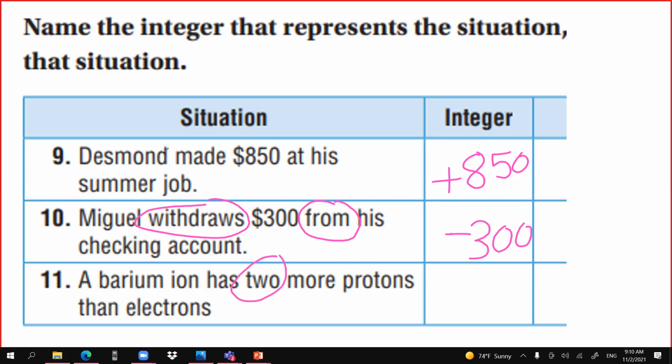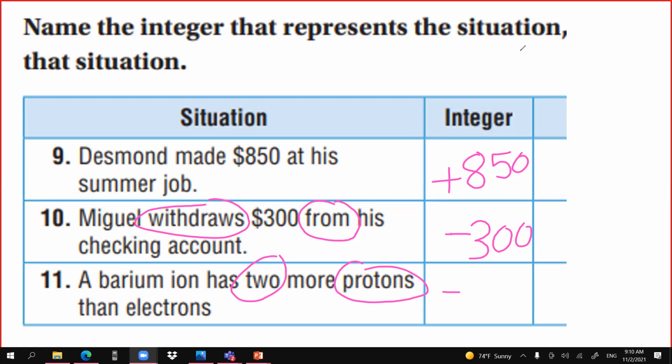Jury, a barium ion has 2 more protons than electrons. Proton? Teacher, I don't know. Okay, do you remember talking before about protons and electrons? What is the sign of an electron?